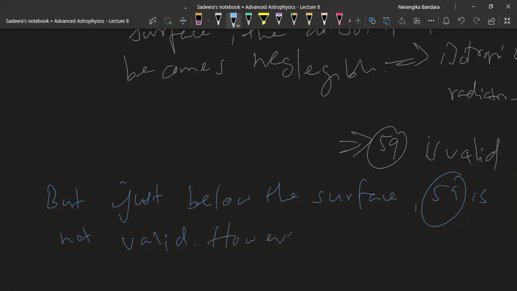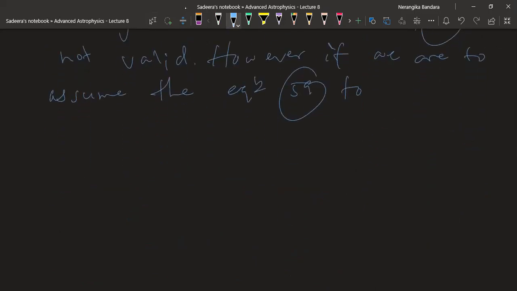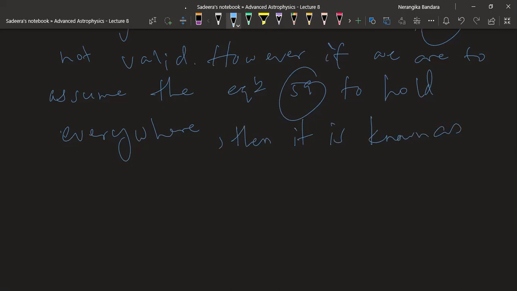However, if we are to assume equation 59 to hold everywhere, then it is known as the Eddington approximation.